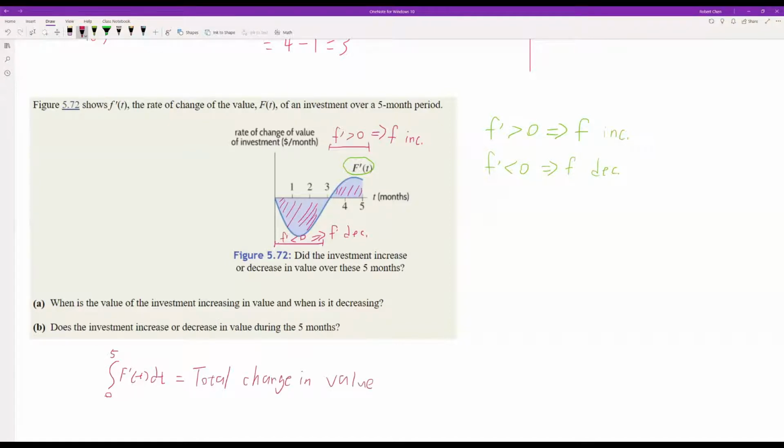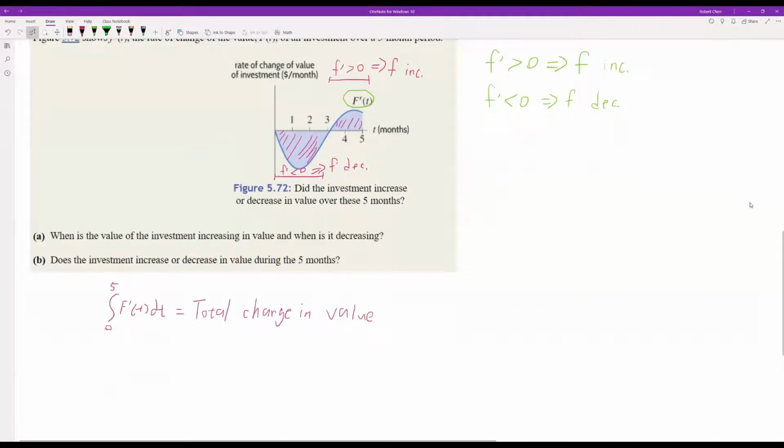and then you can check that using the unit. So the unit for this is equal to dollars per month, which is the unit for f prime, multiplied by the unit of t, which is month.